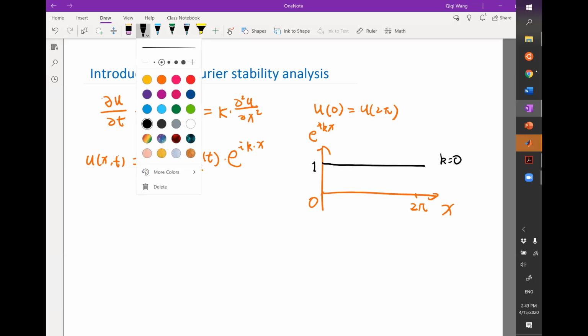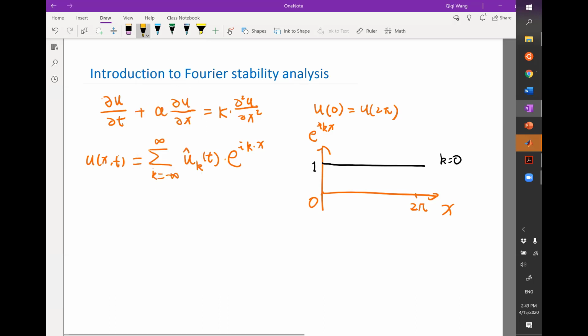How about k equal to 1? When k equal to 1, we have both real and imaginary parts. Let's just illustrate the real part for now. The real part for k equal to 1 is a cosine function that goes like that. Actually, looking at the real parts, this is k equal to plus or minus 1.